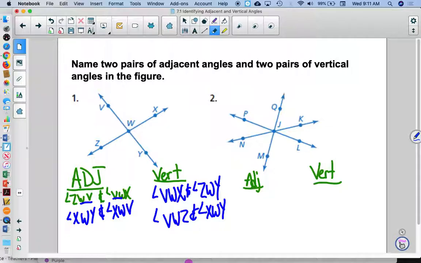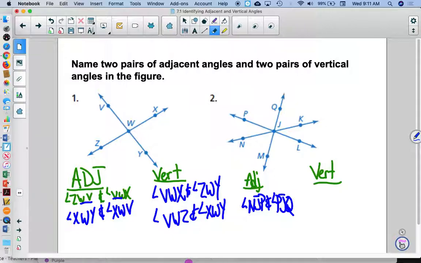Angle NJP and angle PJQ. We need to start calling it as they are instead of just naming the letters. So angle NJP and angle PJQ. Yes, they share the PJ or the JP, whichever you want to call it.